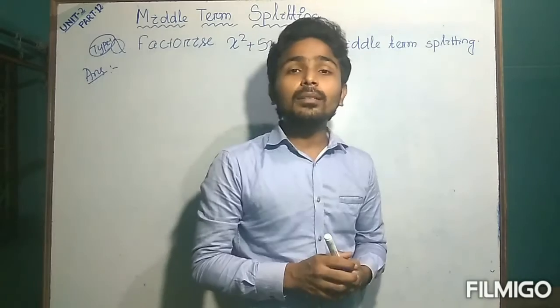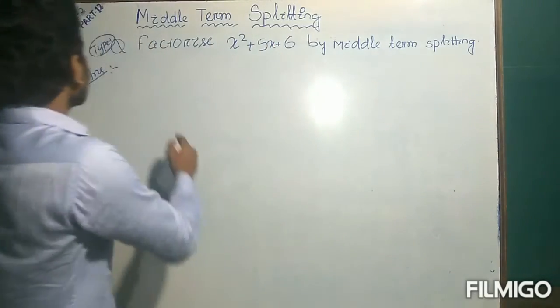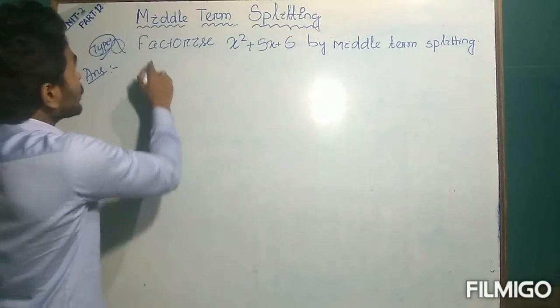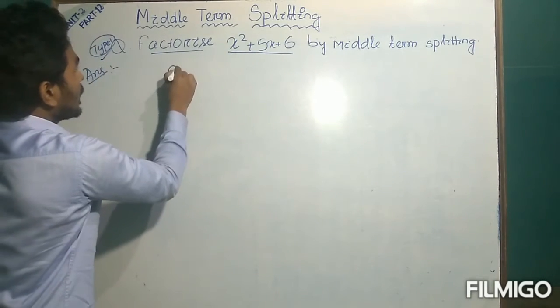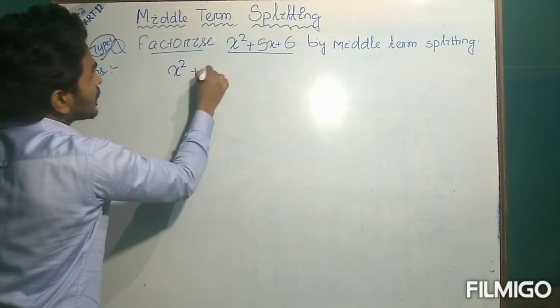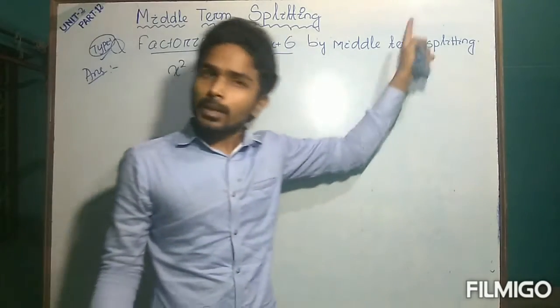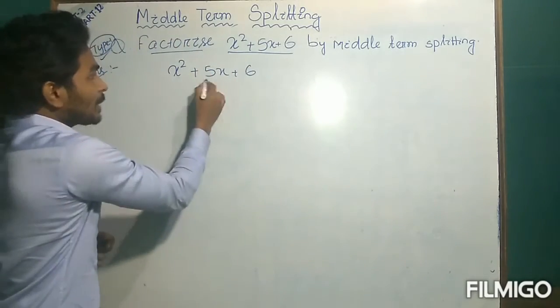So let us discuss how the splitting of middle term is operated by taking an example. This is an example of type 1. Here we have to factorize the quadratic polynomial x square plus 5x plus 6 by the middle term splitting method. Here the middle term is 5x.